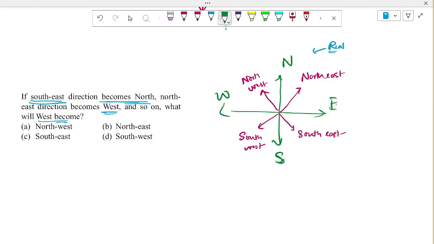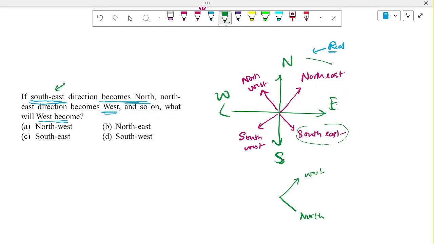They have said southeast is becoming north, which is southeast. So southeast becomes north, then this part becomes north. And then next, northeast becomes west.